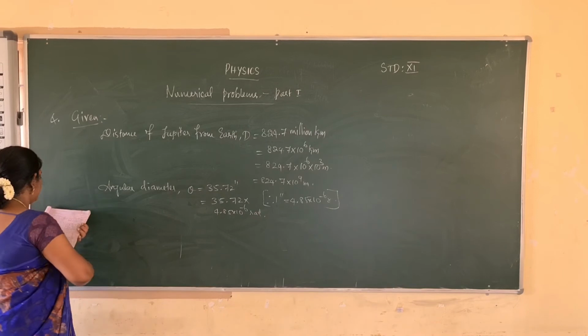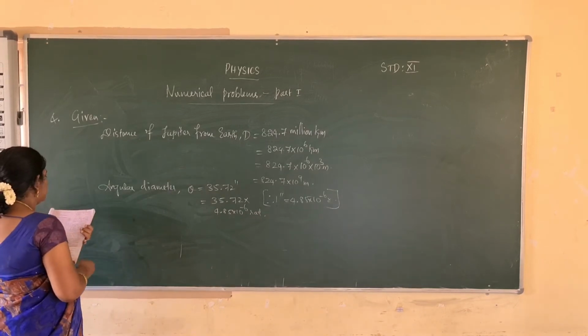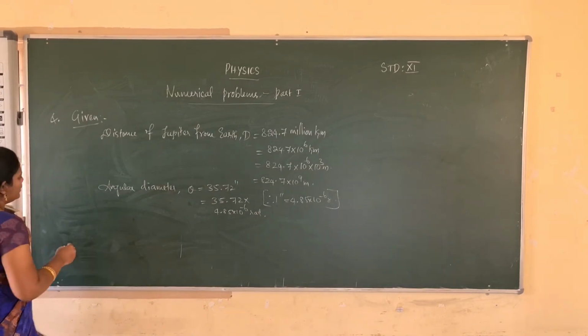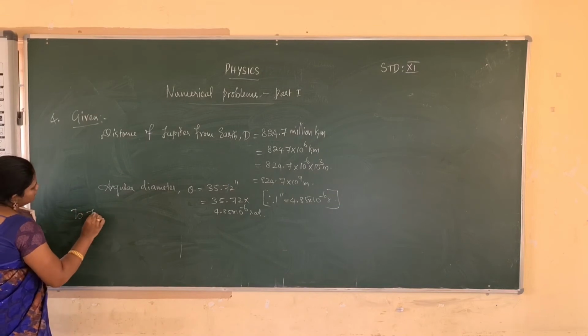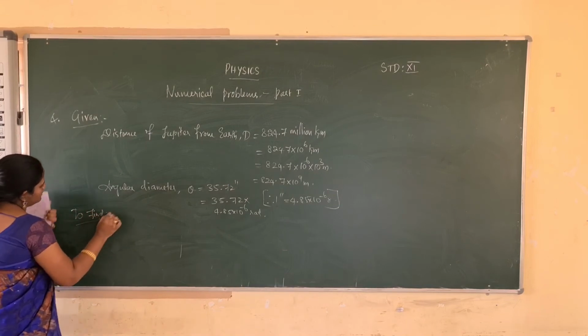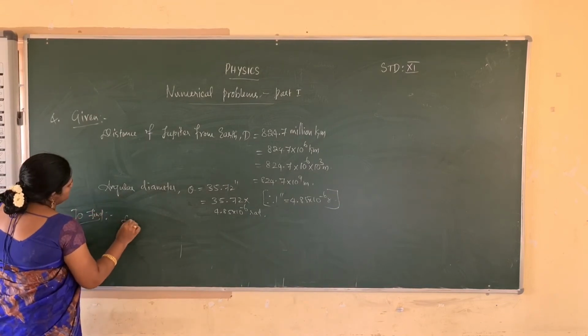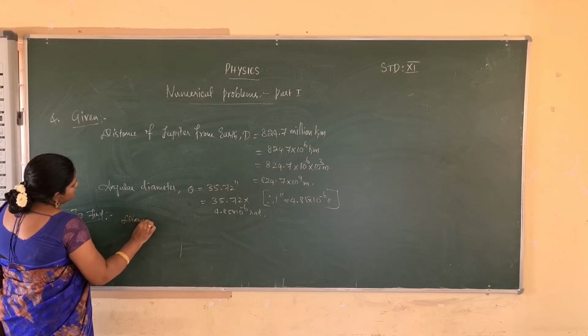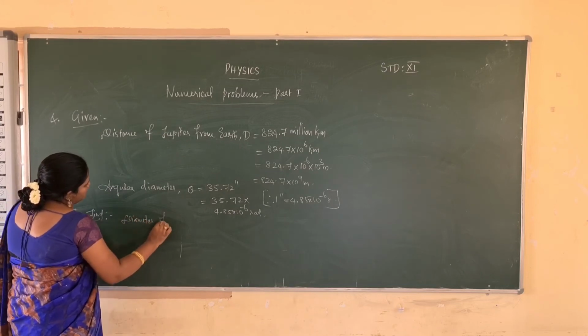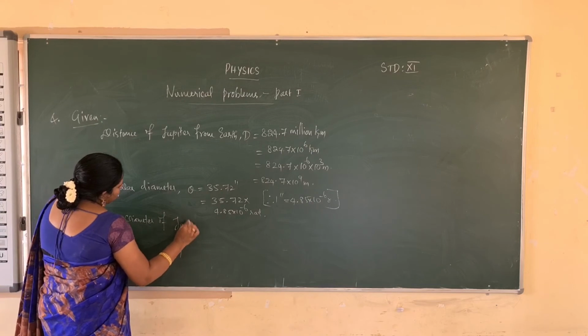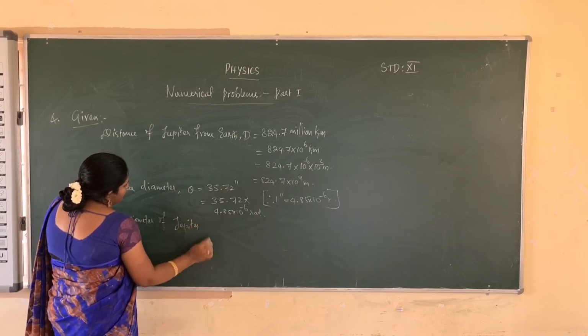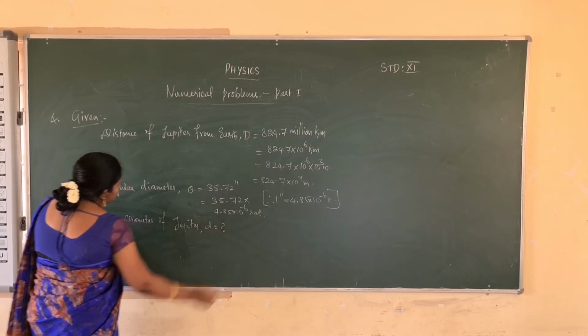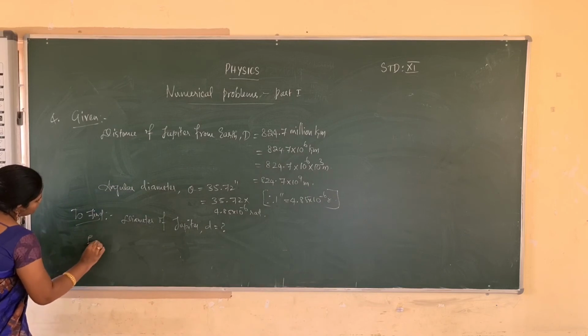Then third one, what are the given values? That is the distance and the angular diameter, and then what will we find out now? To find the diameter of Jupiter, small d is equal to question mark. What's the formula used to solve this problem?